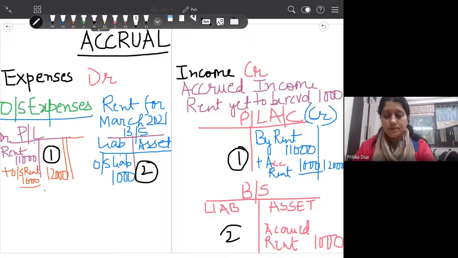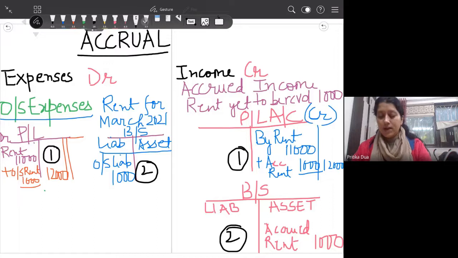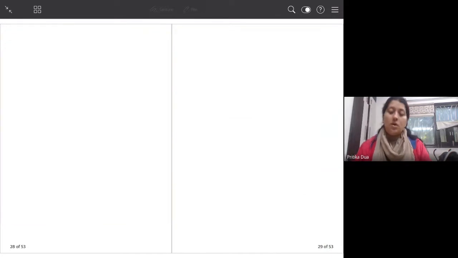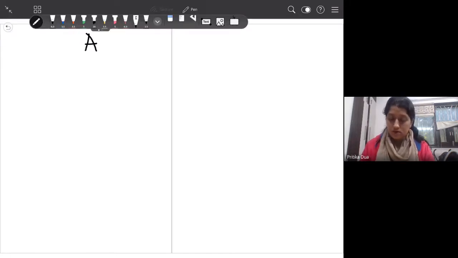Yes, ma'am. Okay. So what I do is let's move to the second aspect. अब ये यहाँ पर हमने जो outstanding part है उसकी बात करी है. Now I will talk about same under the accrual concept. Two more things.